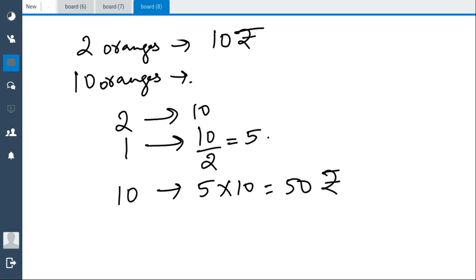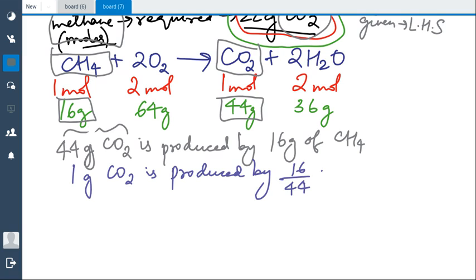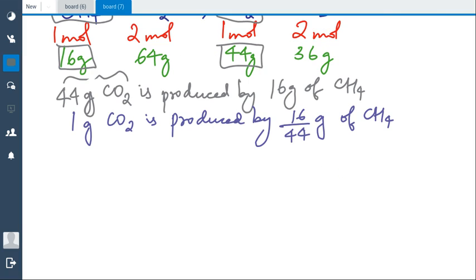Okay? So, similarly, if 44 gram of CO2 is produced by 16 gram of methane, then 1 gram of CO2 is produced by 16 divided by 44 gram of methane. Okay?